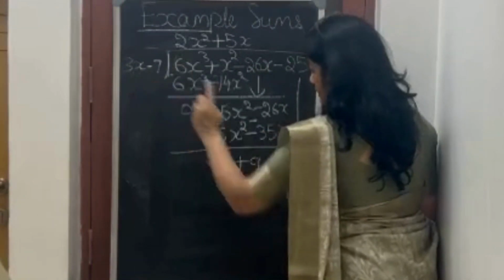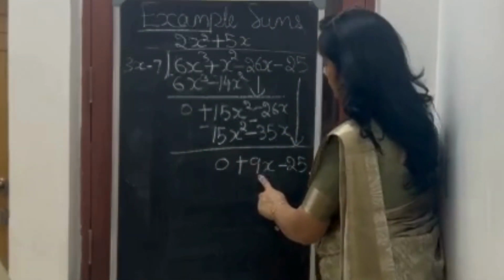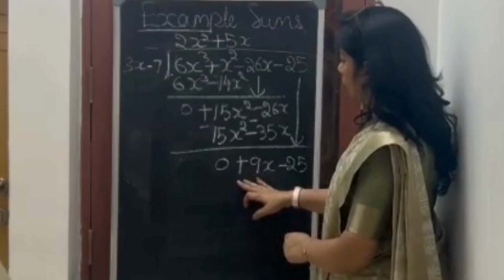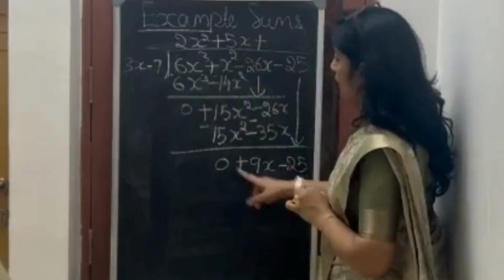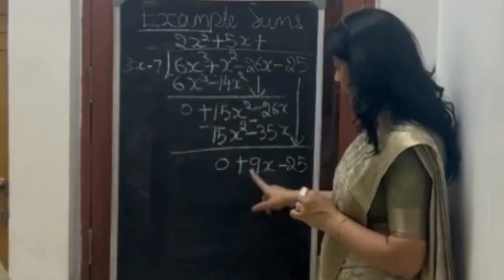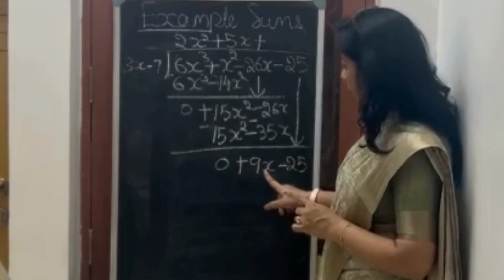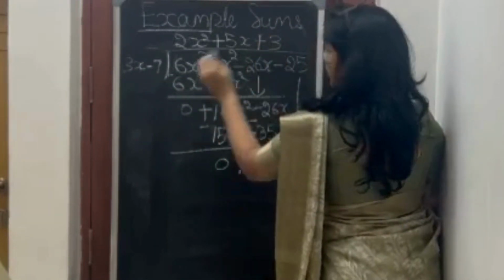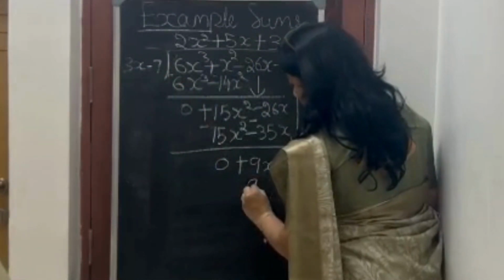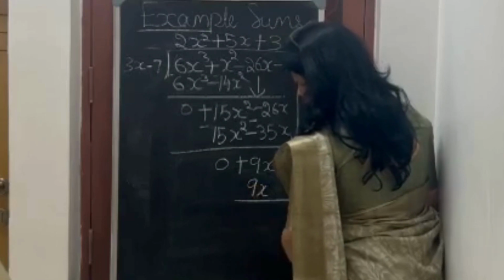Now 3x into what will give me 9x? This is a positive number, so I write a plus sign here. Then 3 3s are 9. I am not writing anything for x because it's only a single x. So it is 9x.